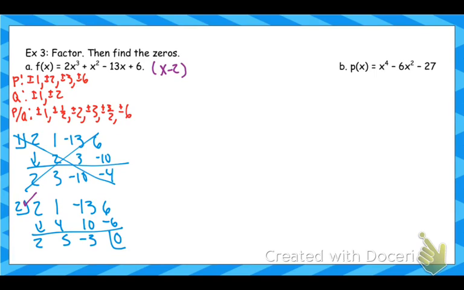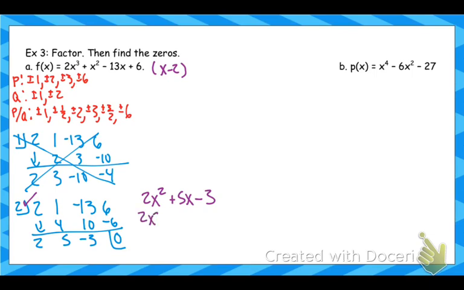Now we look at the remaining polynomial. The remaining polynomial, one degree less, is 2x squared plus 5x minus 3. Well, that factors. Again, a is greater than 1 here, so we have to go through those extra steps. We need two numbers that multiply to -6 and add to 5.